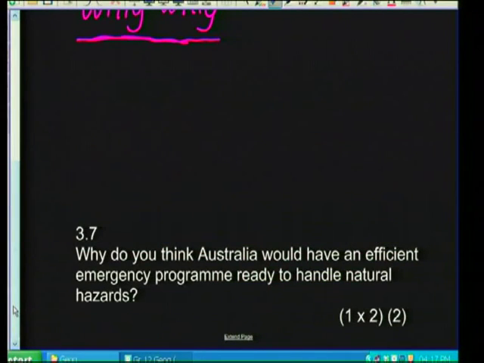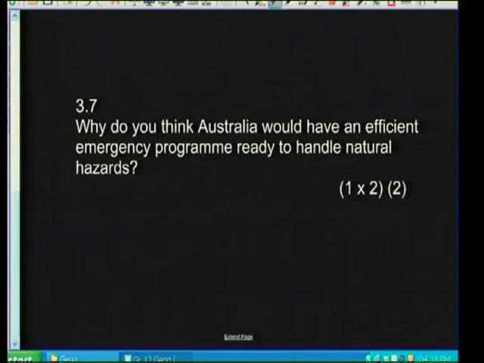Okay? Why do you think Australia would have an efficient emergency program ready to handle natural hazards? Here again, one of them you know already. They frequently have it. We have 25 cyclones already for that 1 year.